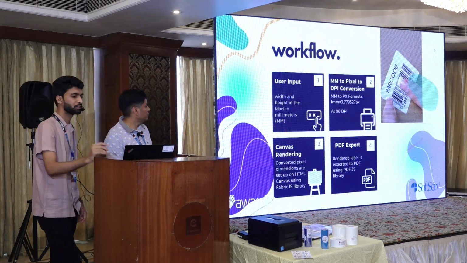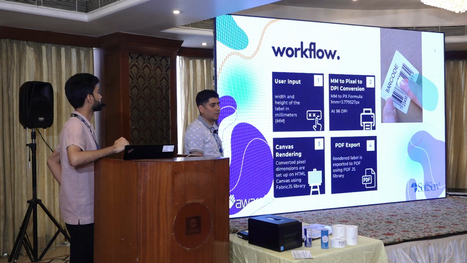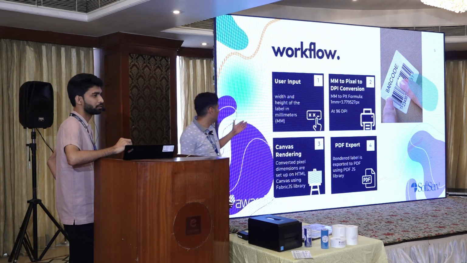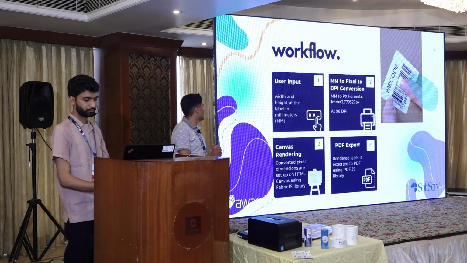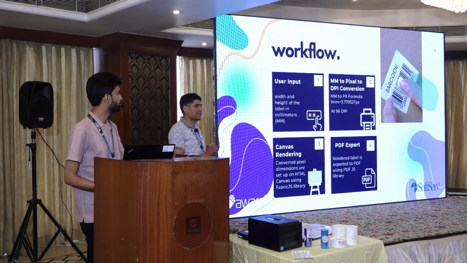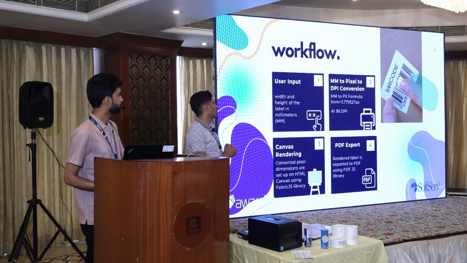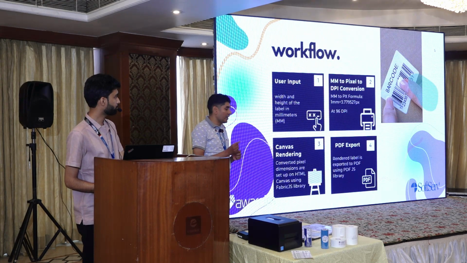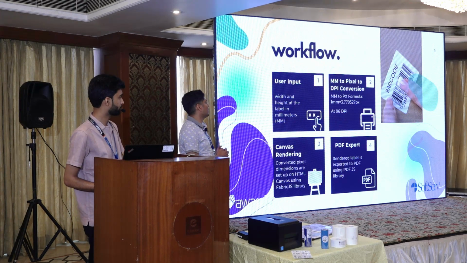So this is the workflow. It is actually a simple workflow. How can we create a label? First of all, we give the input of width and height via the AwareIM box, in millimeters. After that, we convert millimeters to pixels using the formula 1 mm equals 3.77957 pixels.